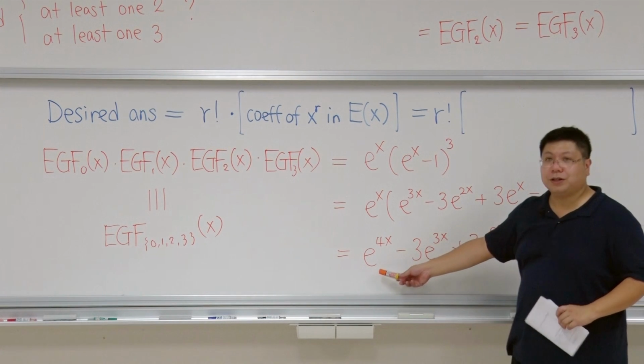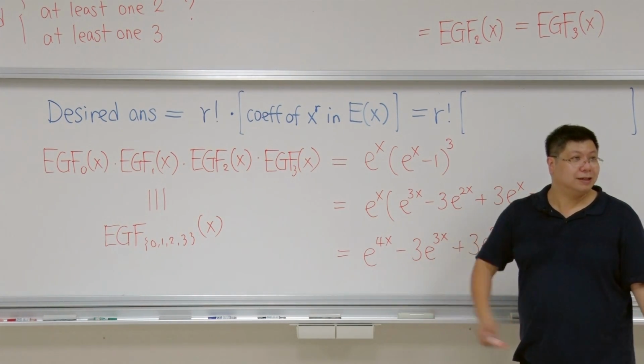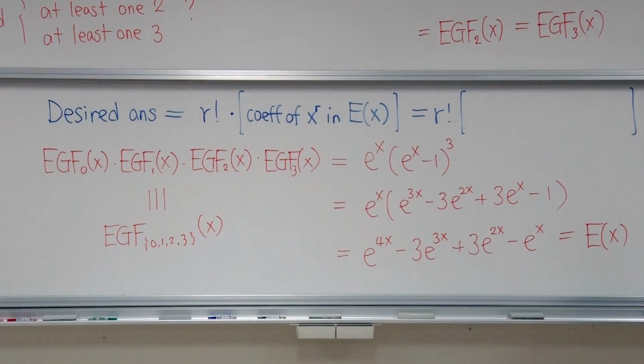So what is the coefficient of x to the power r here? How does e to the power 4x look like? We need to be familiar with this one.